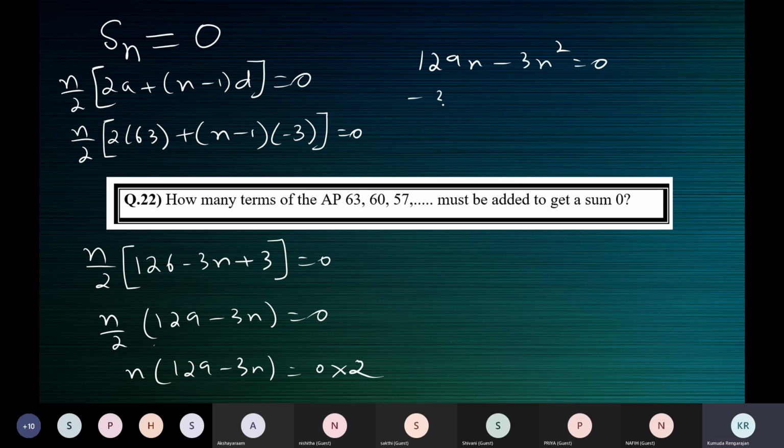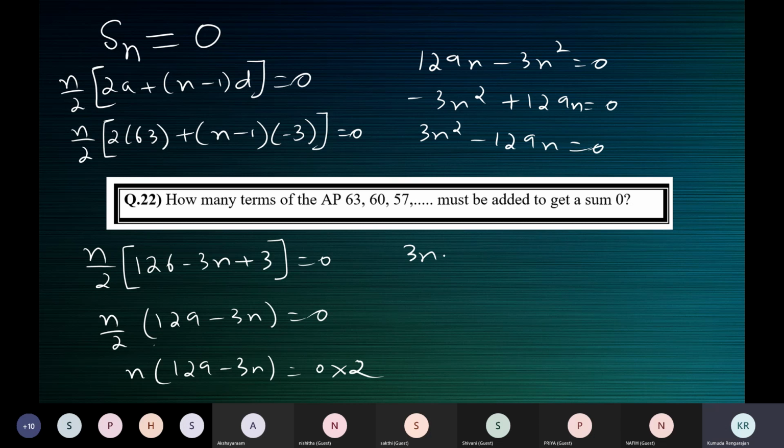Or in other words, minus 3n square plus 129n, writing the n square first and then n. You can change the signs or you don't change the signs, it's okay. You can change the signs just to have the first term positive. So you can write it as 3n square minus 129n is equal to 0.